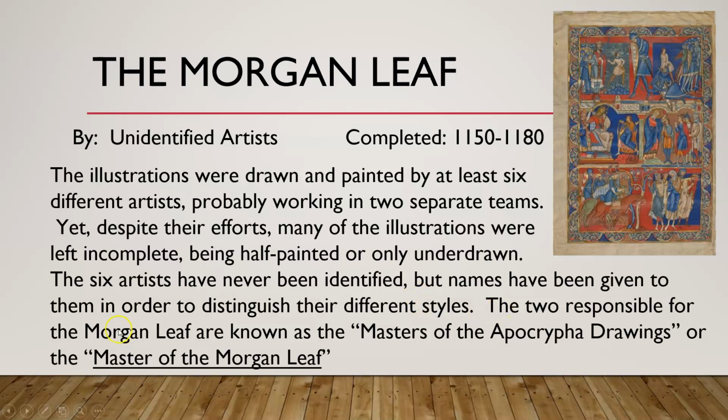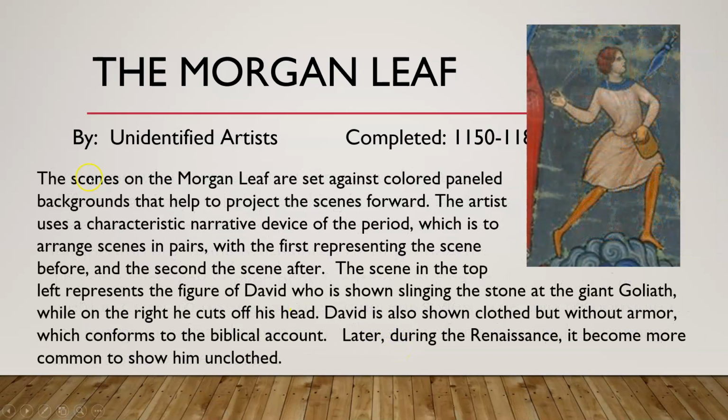So the 2 responsible for the Morgan leaf are known as the masters of the Apocrypha drawings, or the masters of the Morgan leaf. So this says unidentified artist, but if you'd like to be a little more specific, you can put the masters of the Apocrypha drawings, or the master of the Morgan leaf. Sounds like an adventure novel or something.